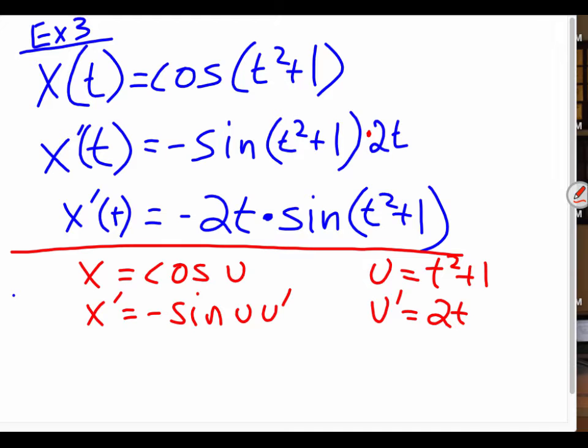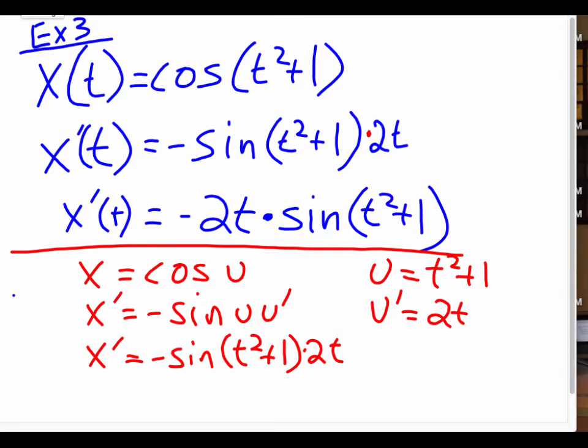And so then when you plug that back in and make it a function of t, you would say negative sine of t squared plus 1, and then times 2t. It's the same thing that we did before, just different notation.